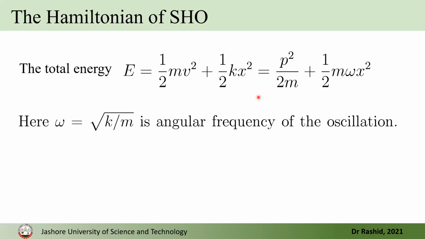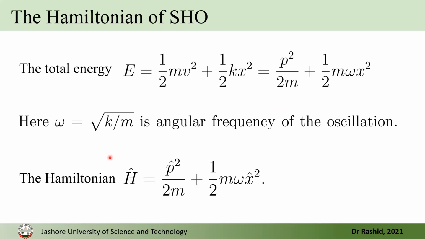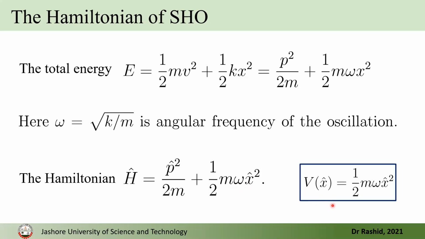Keeping in mind that this is the total energy of the harmonic oscillator, we can write the Hamiltonian for the quantum harmonic oscillator in this way, where H hat represents the Hamiltonian and p hat is the momentum operator. So p hat square by 2m is the kinetic energy operator, and half m omega square x hat square is the potential energy operator, V(x).